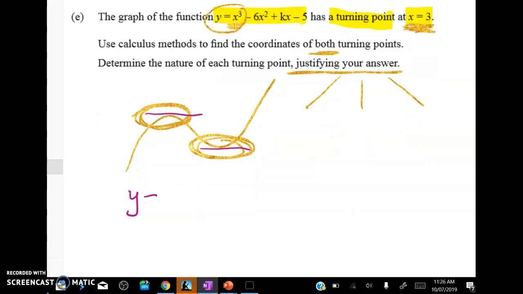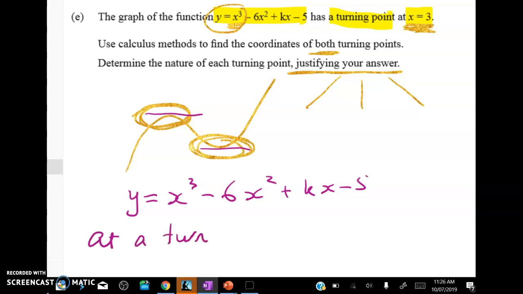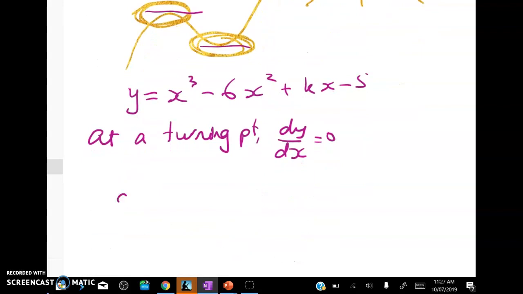So we have y equals x cubed minus 6x squared plus kx minus 5. So we're going to write down at a turning point, we know that dy by dx will be 0. So we'll start off by differentiating, and we get dy by dx is equal to 3x squared minus 12x plus k.